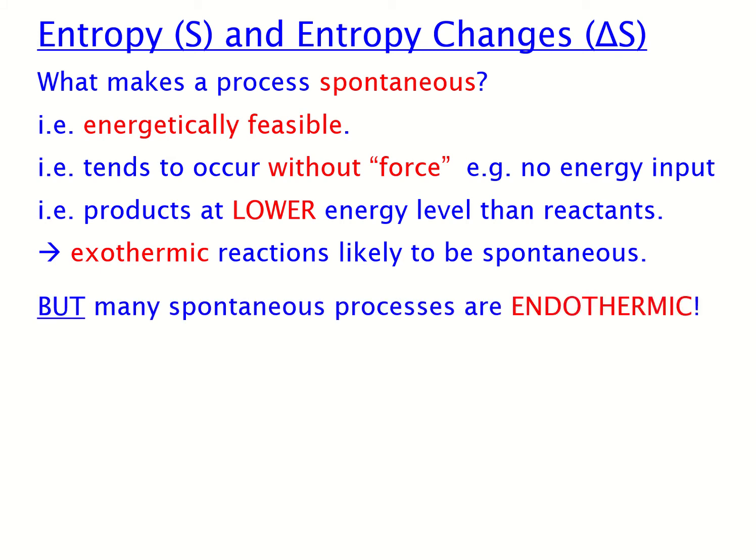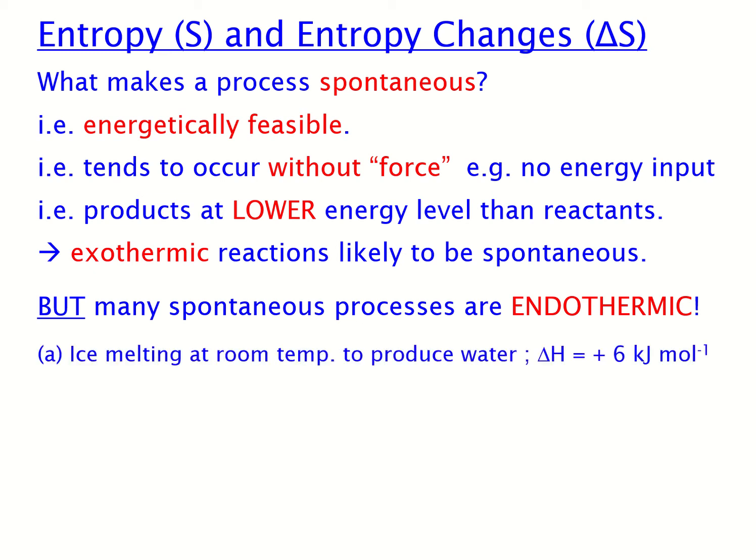But we'll also be aware of a lot of endothermic reactions which also occur spontaneously. So there's a few below that I'm going to show you now. I'm not going to talk too much about them, but you can see that they're endothermic reactions and they all happen spontaneously. I suppose the most simple one is ice melting at room temperature, which requires 6 kilojoules of energy per mole of ice, but nonetheless still happens at room temperature.